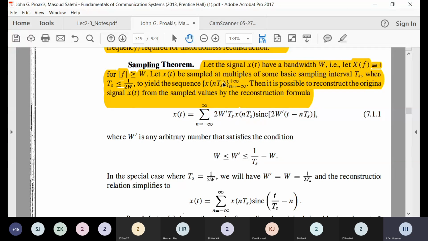Then you will get a sequence of samples at every integral multiple of Ts. So at every sampling time you will just take the output of the signal at that sampling time.